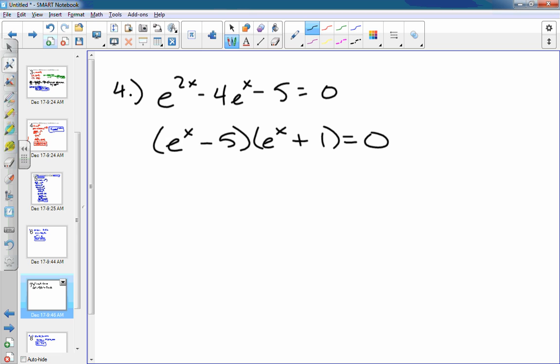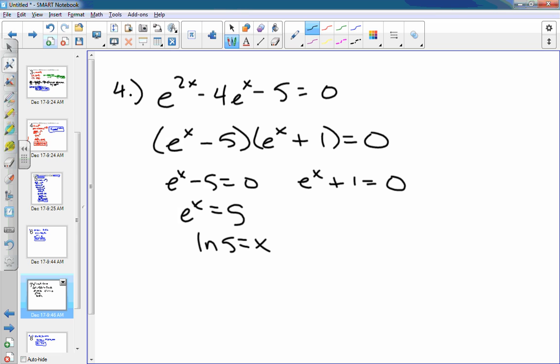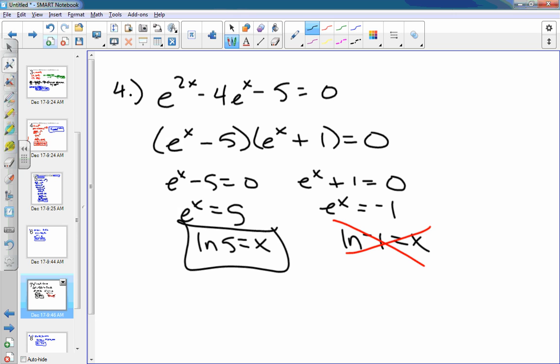Factoring that into two binomials. Okay? So you're going to get e to the x minus 5 is equal to 0, and e to the x plus 1 is equal to 0. e to the x equals 5. Natural log of 5 is equal to x. e to the x equals negative 1. The natural log of negative 1 is equal to x. Can I do that? No, I cannot do this. So that's tossed out immediately, and that's going to be your answer. Okay?